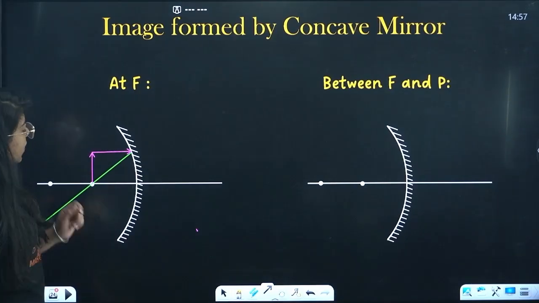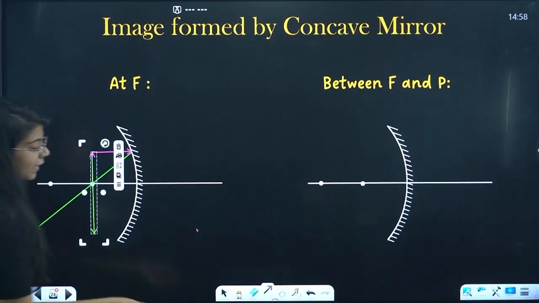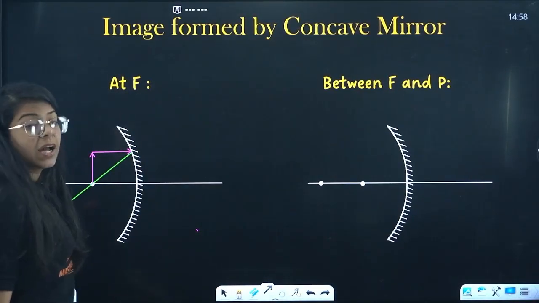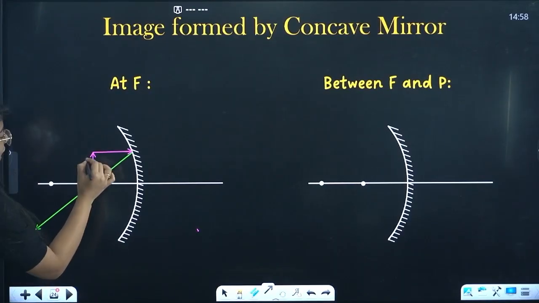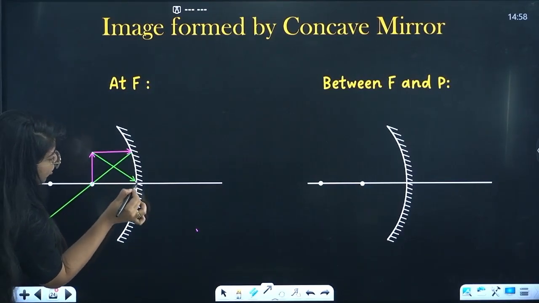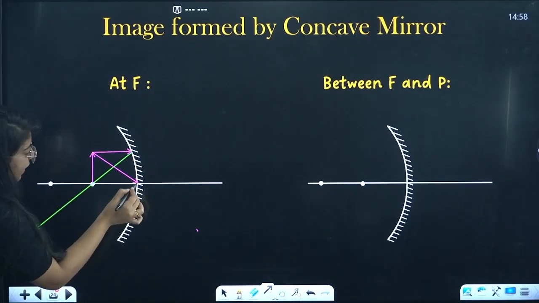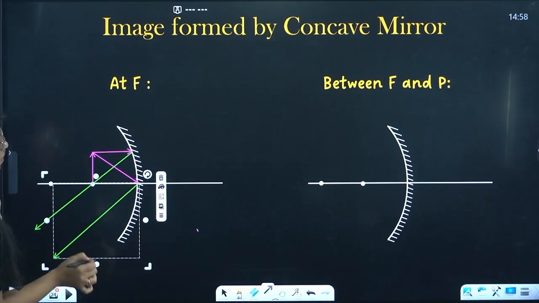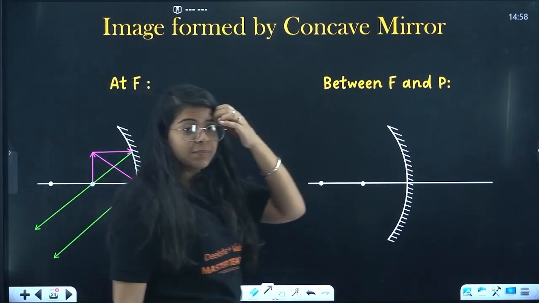Now, there is one important thing. How will this ray pass from focus? It can't, right? So we have to use the other two rules. You can use the rule that this ray goes from the pole and comes back like this, and we know the incident angle and reflected angle are equal.